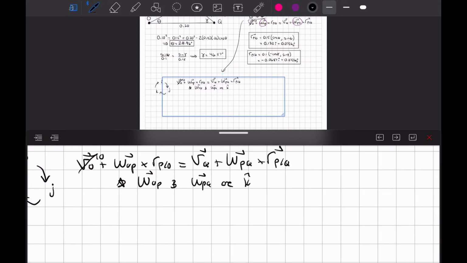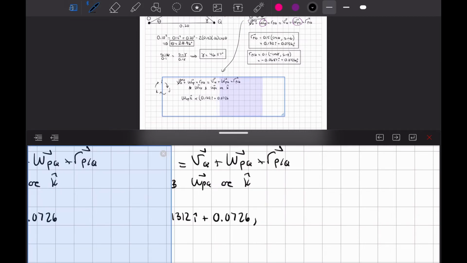Okay, so now all we're going to do is some plug and chug. So omega OP k hat cross, this is going to be r of P with respect to O, which we have boxed above, 0.1312 i hat plus 0.0726 j hat.